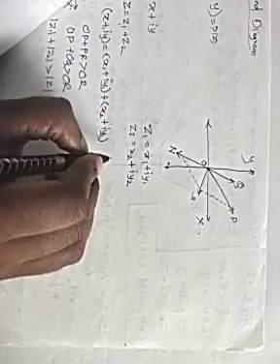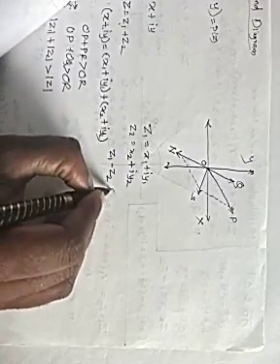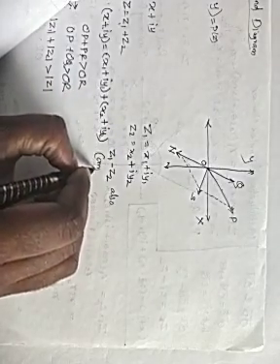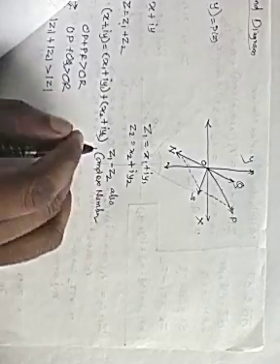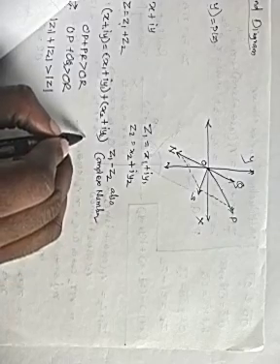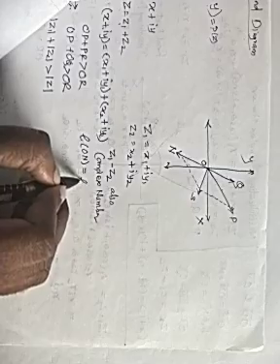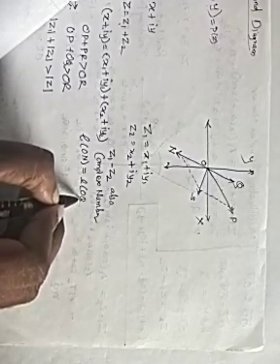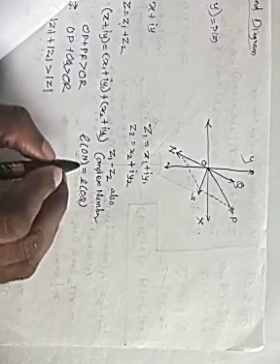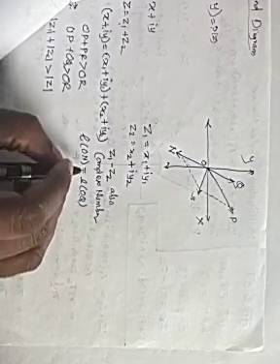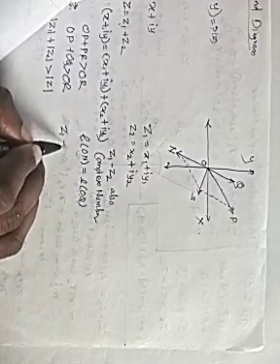Then the difference Z1 minus Z2 is also a complex number, and it is represented as the length of ON is also similar to the length of OQ. So these two lengths are similar, and in this case we can consider the subtraction of complex numbers Z1 minus Z2.